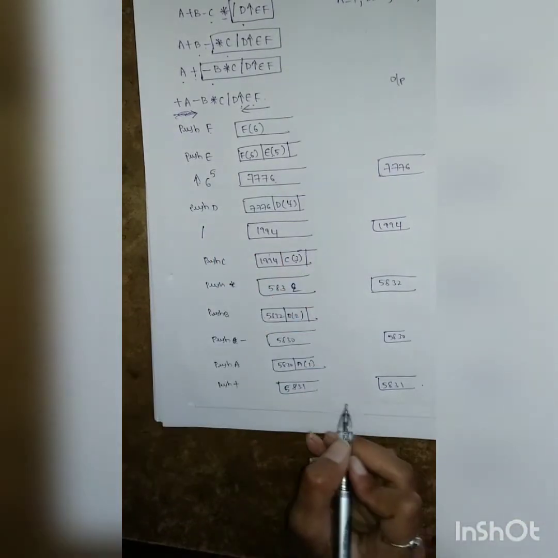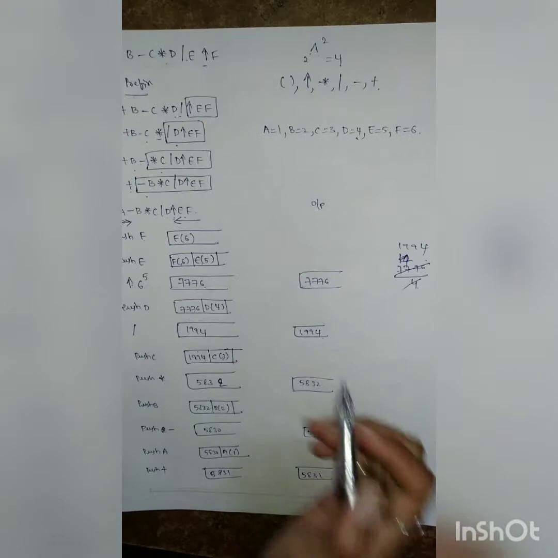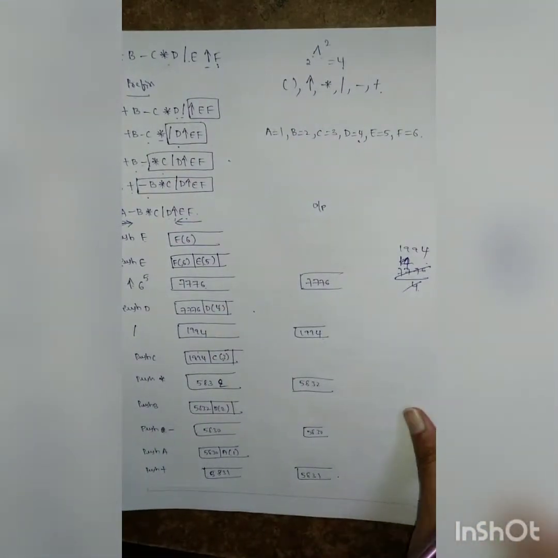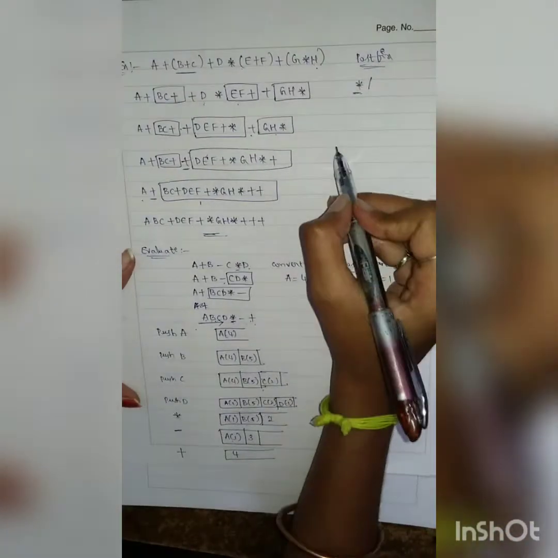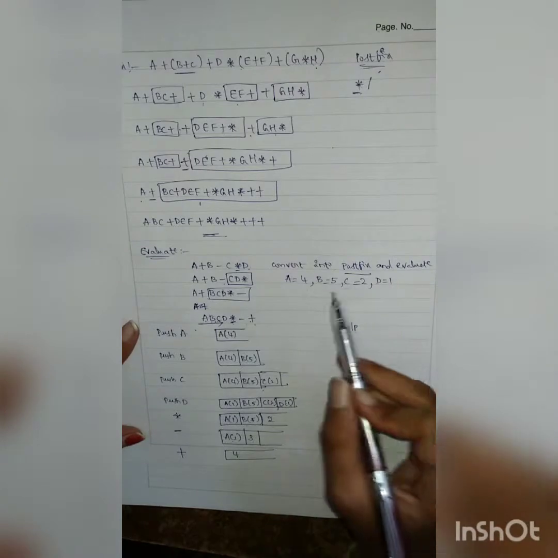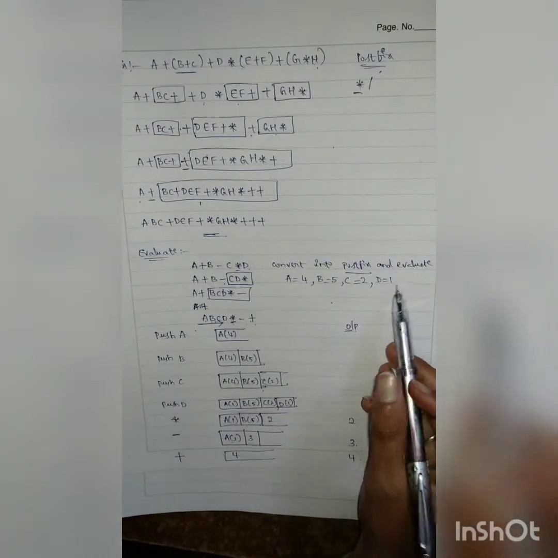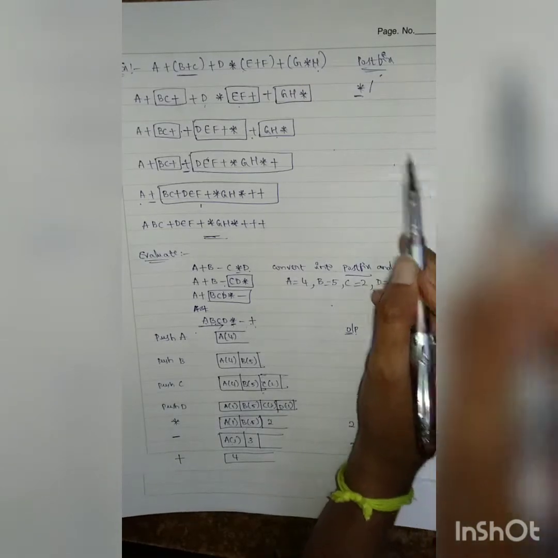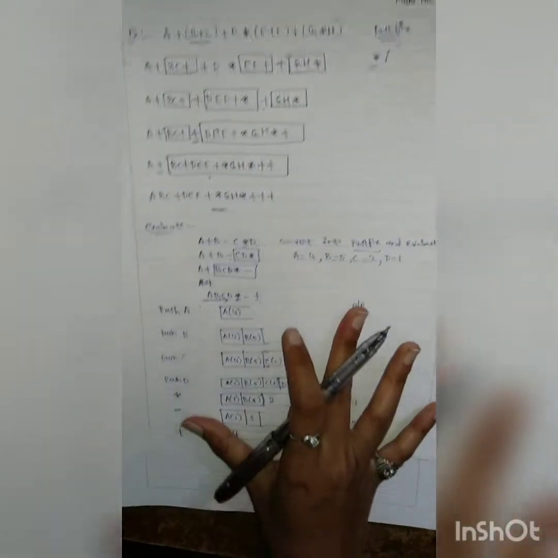5831. In this way we can convert the expression into prefix and evaluate the expression in this way. We can convert expression from infix to postfix and infix to prefix, but we cannot convert the postfix and prefix expression into infix expression.